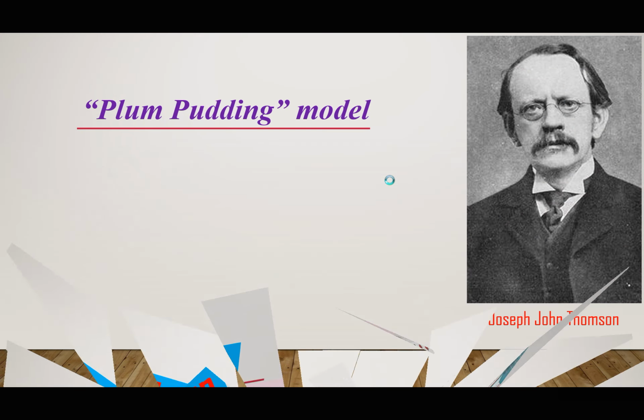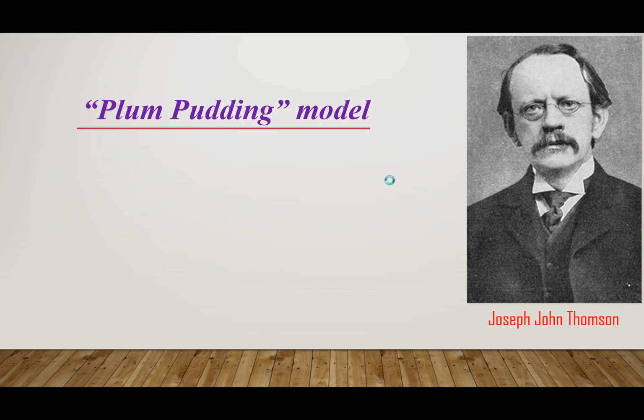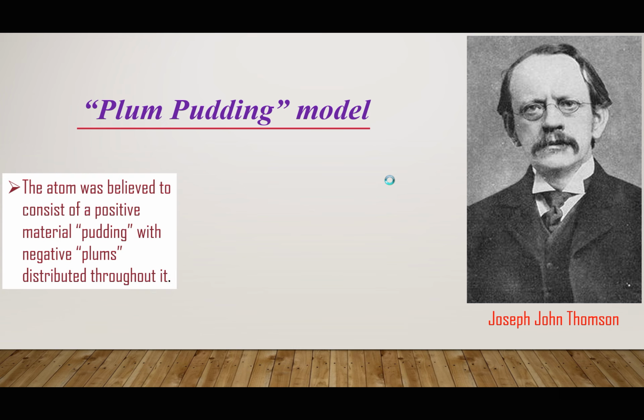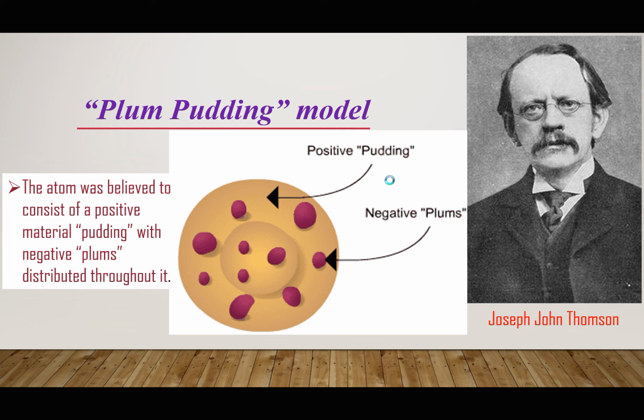The first model of the atom that we can talk about is the plum pudding model, depending on how you pronounce it. According to J.J. Thomson, the atom consists of a positive material, the pudding, with negative plums, or negative charges, distributed all over the material, which made the material a neutral particle.